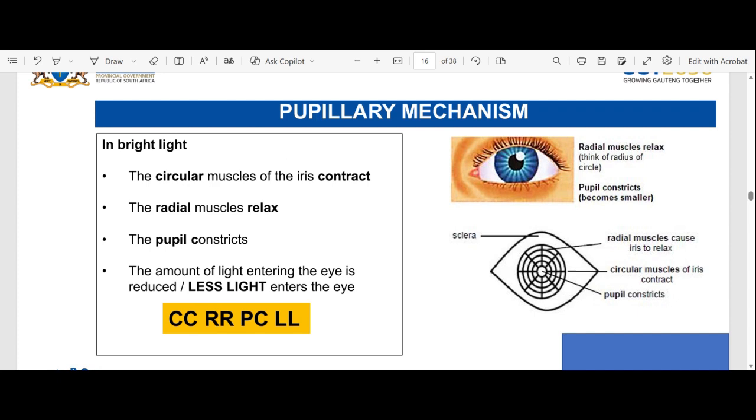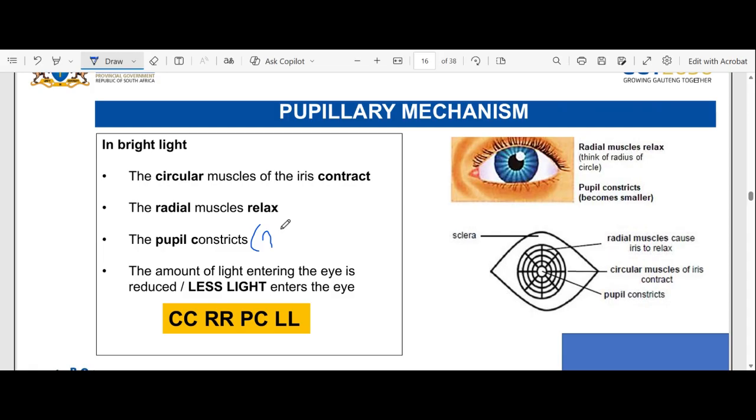So when you're exposed to bright light, the circular muscles of the iris contract and the radial muscles relax. When your radial muscles relax, they force your pupil to constrict. Constrict means to become narrower.